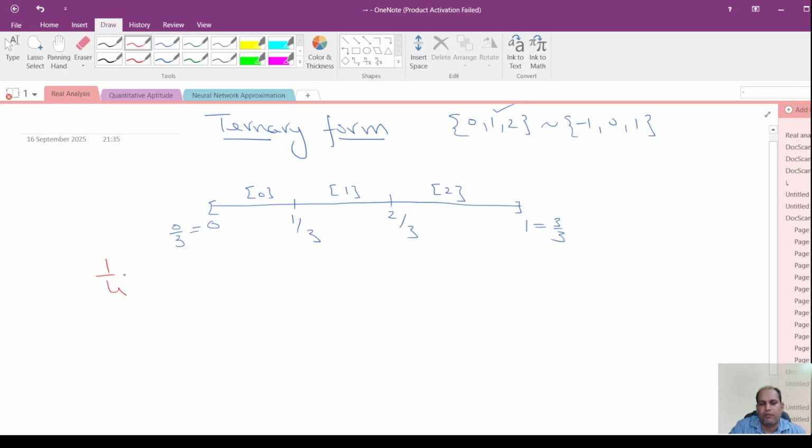in ternary form. Clearly its denominator 4, in comparison to 1 by 3, is greater. So 1 by 4 will be left of 1 by 3, and lies in this interval. So I can write the first digit of 1 by 4 as 0, and obviously because we are writing ternary form, there will be a point.